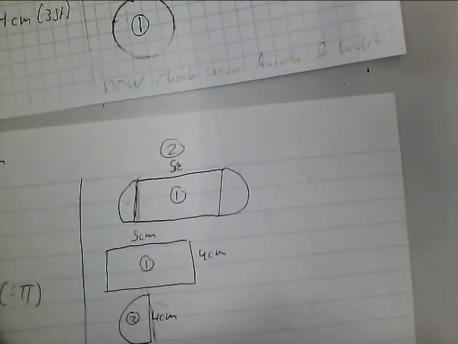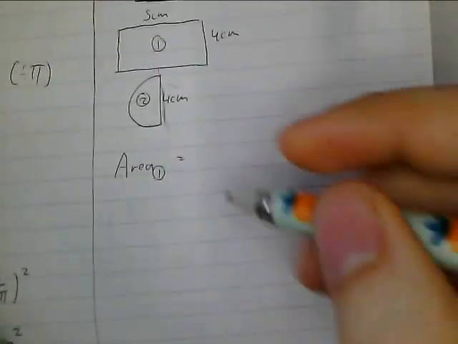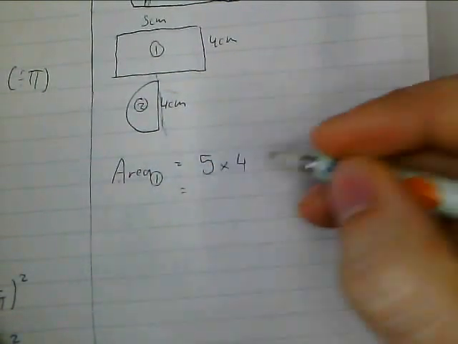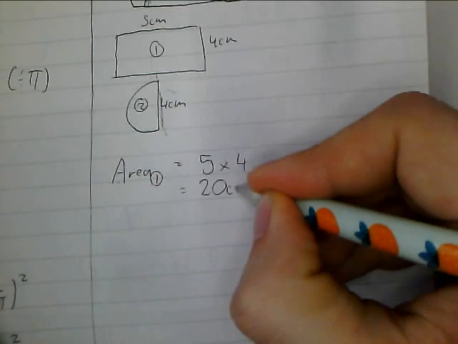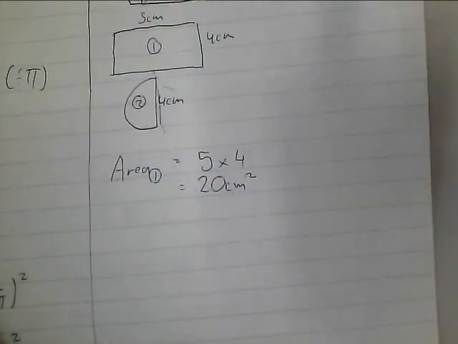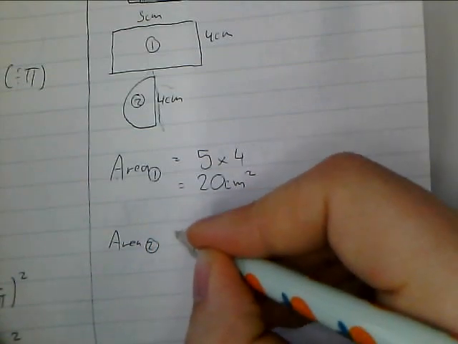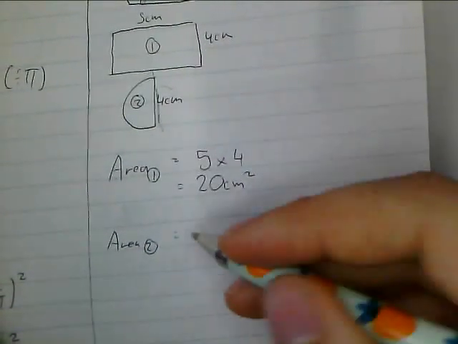The area of shape 1 is 5 times 4, because it's a rectangle, so the area of shape 1 is 20 centimeters squared.